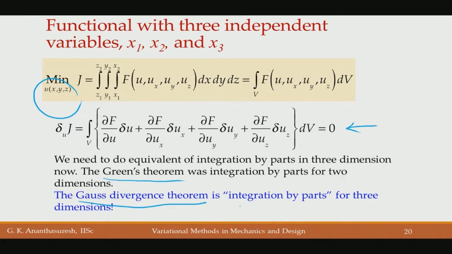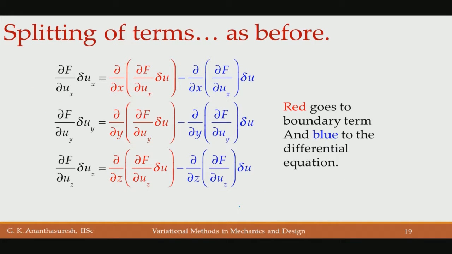So, if we do that, then we get the differential equation. Of course, the trick that we used still remains. The idea is to get rid of this and put it into the form of just delta u everywhere, except that there is del dou by dou x here, but we are trying to avoid trouble. Okay.